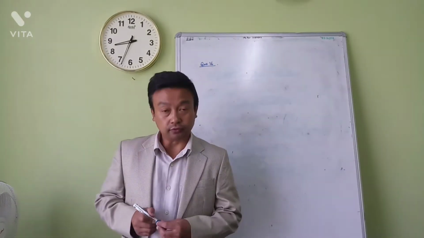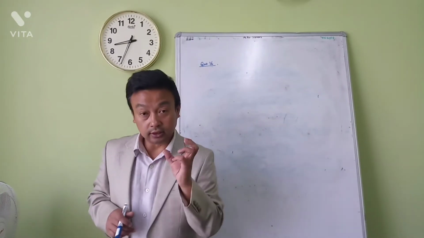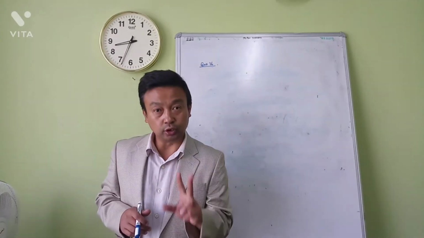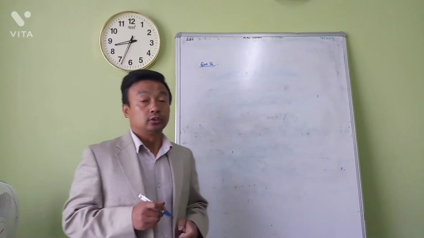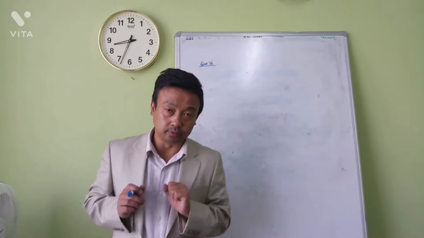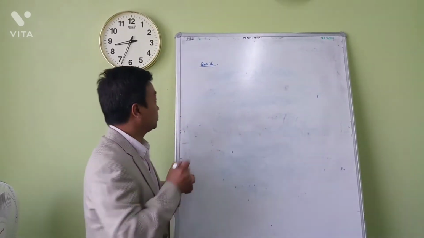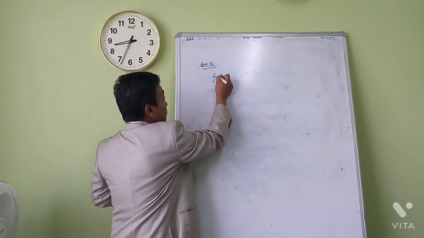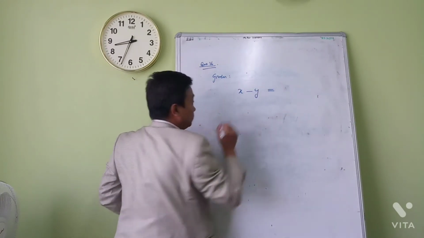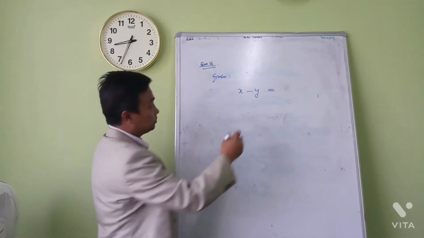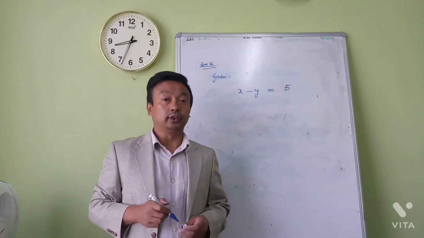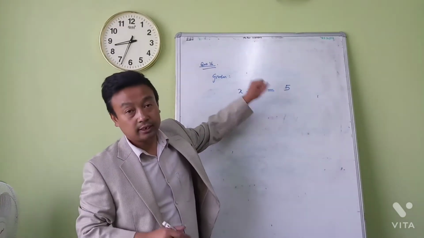So now here the first sentence of the question is the given part. What are the things given to you? The difference between two positive numbers is 5. Suppose you take the two positive numbers to be x and y, for example. And what is given there? The difference. So question number 16. Given: the difference between the two positive numbers is 5. This is how the English sentence is converted into a mathematical equation.